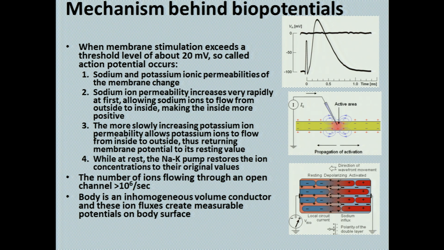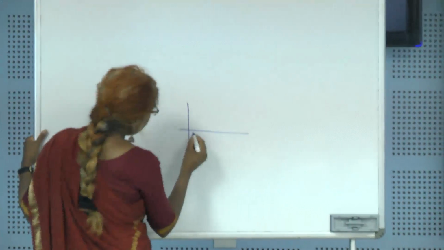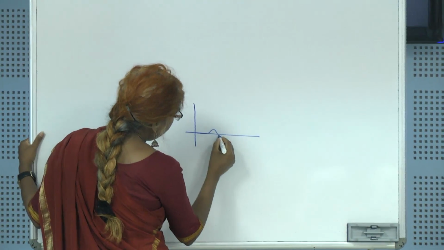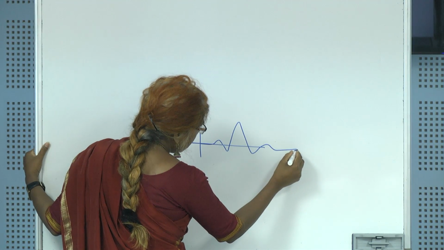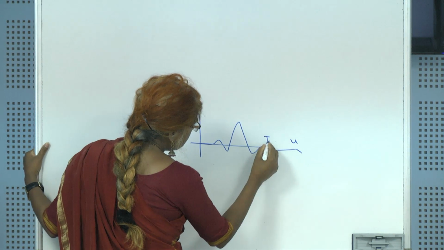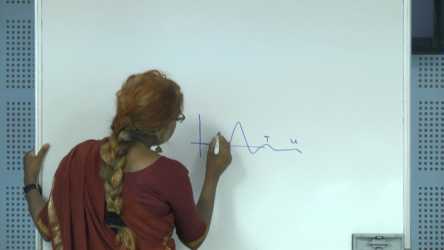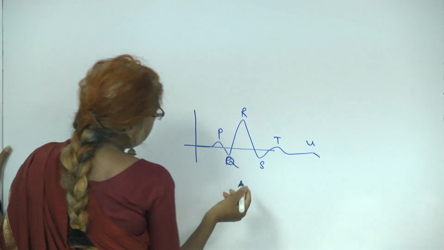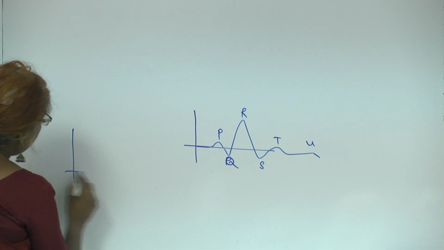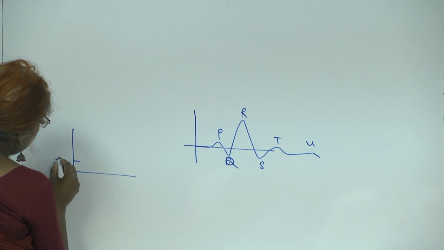They will vary. For example, take your cardiac signal: you will have the P wave, then the QRS complex, then the T wave, and then U. This is U, this is T, this is P, sorry, this is P, then the QRS complex. Typically you will be here at minus 70 to 100.